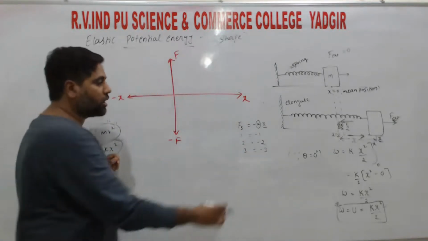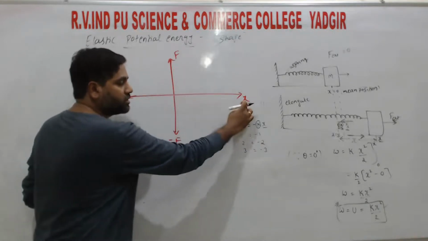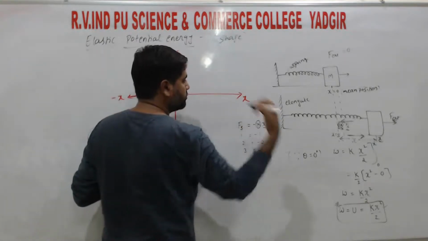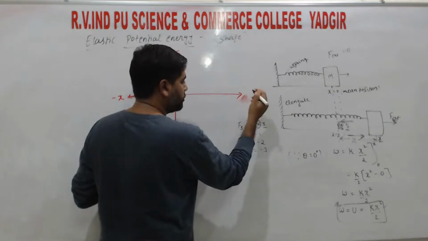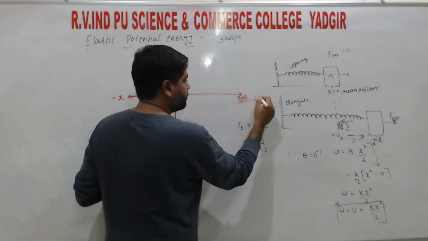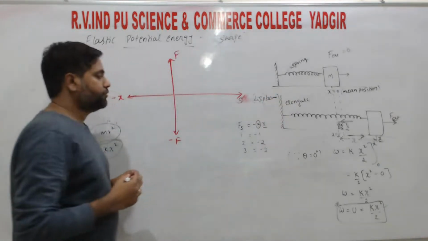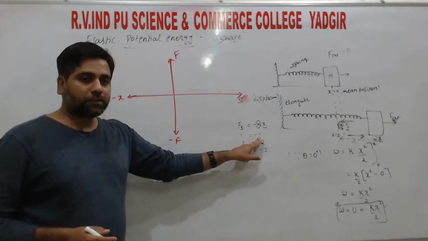So if we plot the curve for this, force is along the y axis and x is along the x axis. X is nothing but displacement, otherwise don't get confused. Force has a positive value, displacement has a negative value.